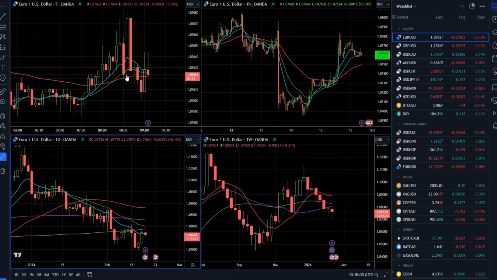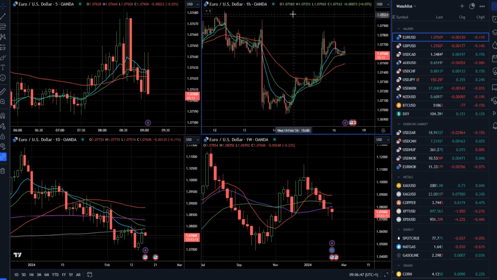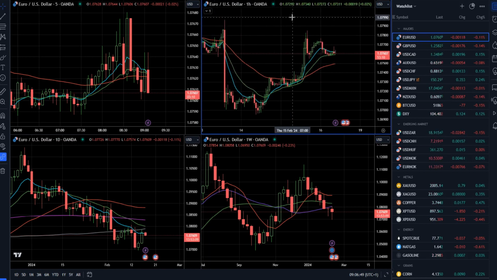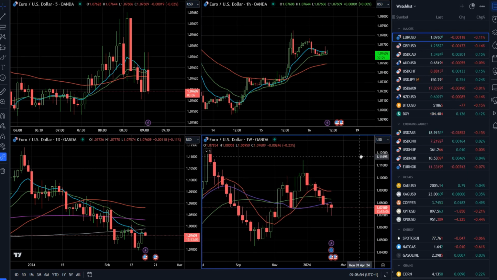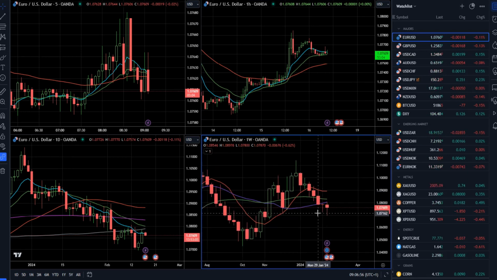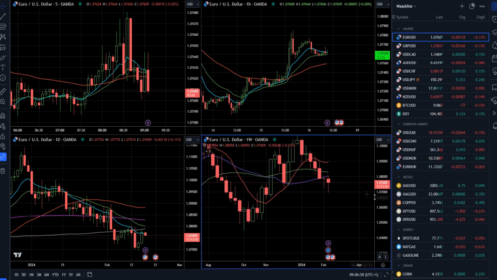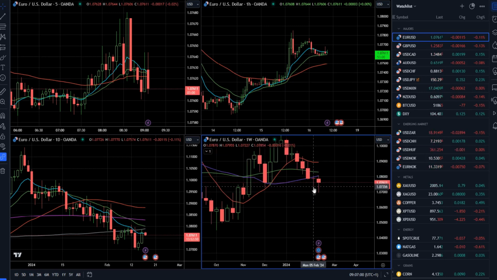I will start with Euro versus US dollar first. We have here a multi-time frame view from the 5-minute time frame, hourly, daily, and weekly. Let's start from the higher time frames first, the weekly.